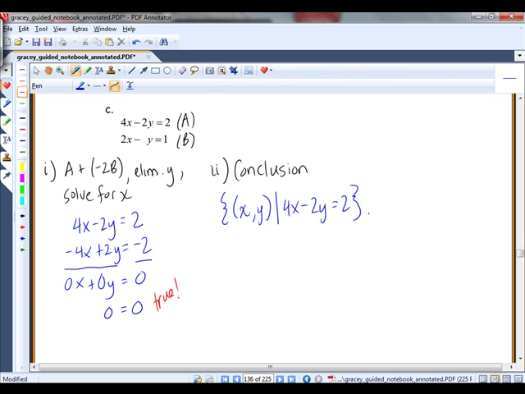Now, this system is consistent because we got a true answer. There's infinitely many solutions, infinitely many points on that line. So it's a consistent system, but it has dependent equations because they're the same line.